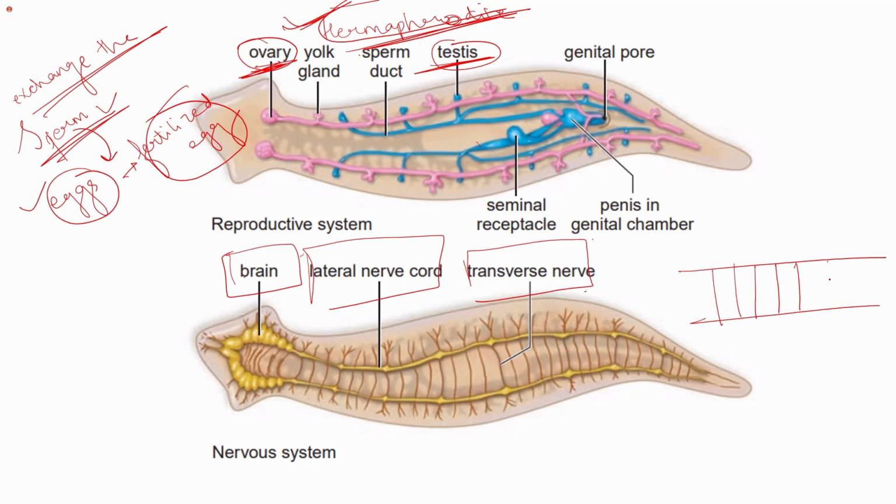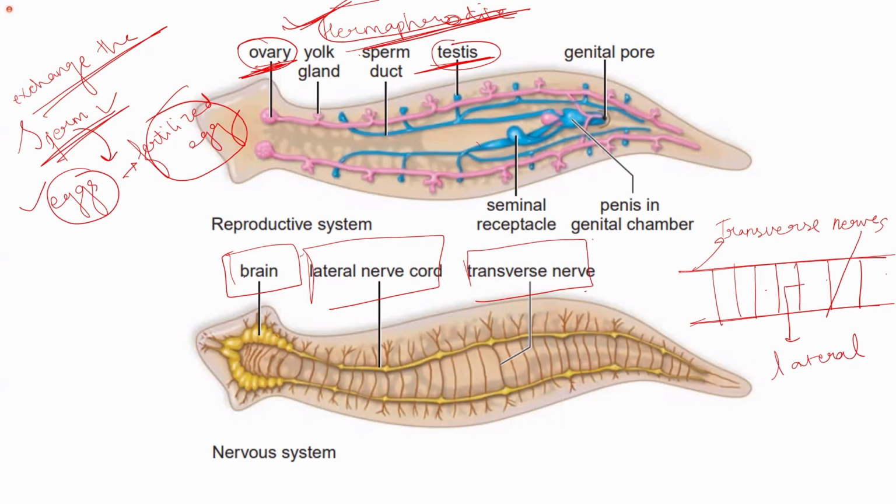So they have a ladder-like pattern of the nervous system in which the lateral nerve cords run and connect one transverse nerve to another transverse nerve. These are the transverse nerves, and these are the lateral nerve cords.